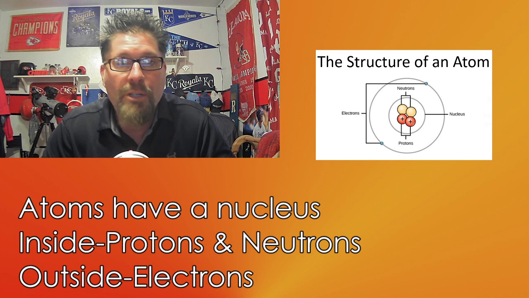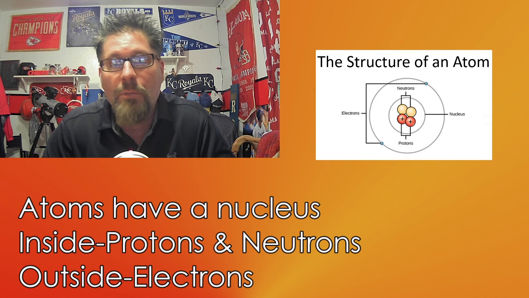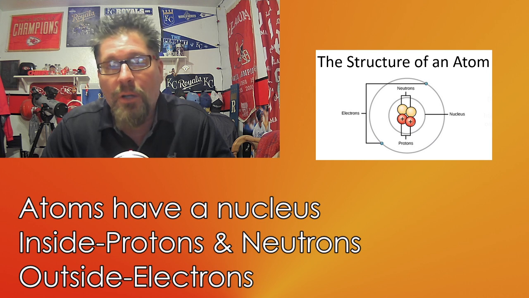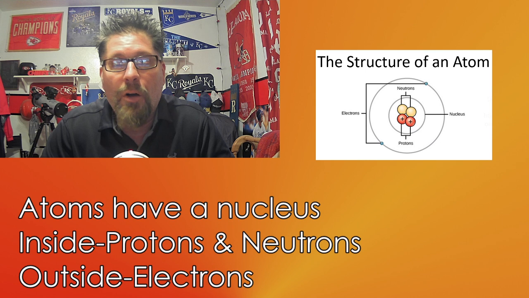Cells make up tissue. Tissue makes up organs, which make up the organ system, and so on and so on. So they're that building block. Atoms are the same thing when it comes to matter. And of course, matter is what makes up cells and everything else. So they're all kind of interconnected.